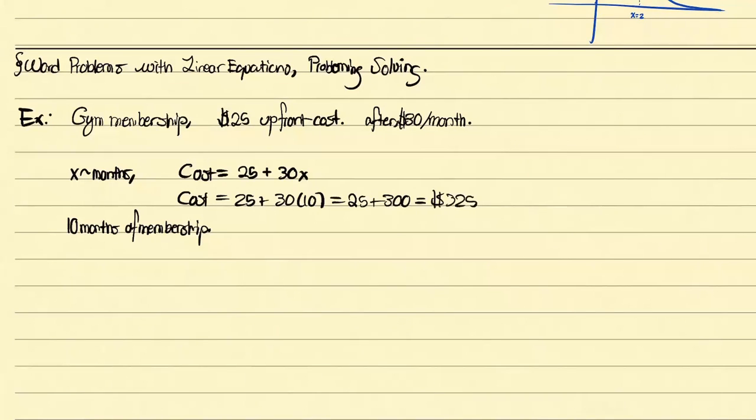So if you want to buy 10 months of membership, it'll be $325. So this is where linear equations are really handy. They describe a lot of really interesting things. Obviously, you could calculate this yourself fairly easily without having to get into the math of it, but this is a pretty simple example. So let me pull up some other ones.